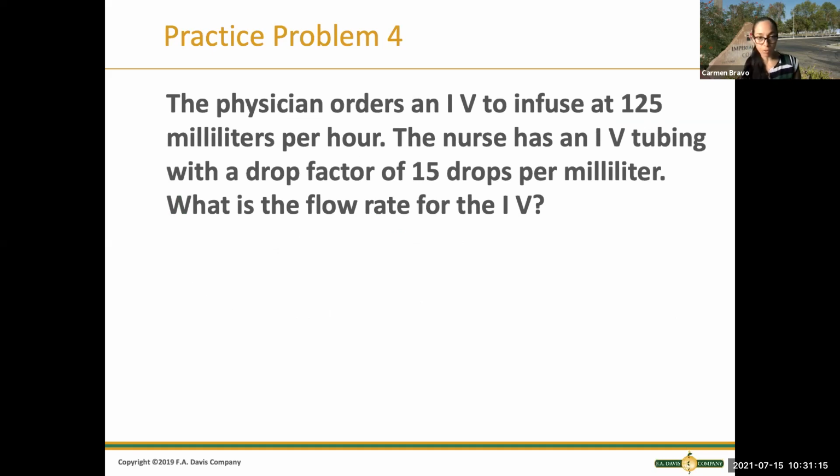So you have that problem right there, and it says the physician orders an IV to infuse at 125 mLs per hour. And the nurse has an IV tubing with a drop factor of 15 drops per milliliter. It's asking me what's the flow rate of the IV. So it's asking me how many drops per minute I would give my patient.